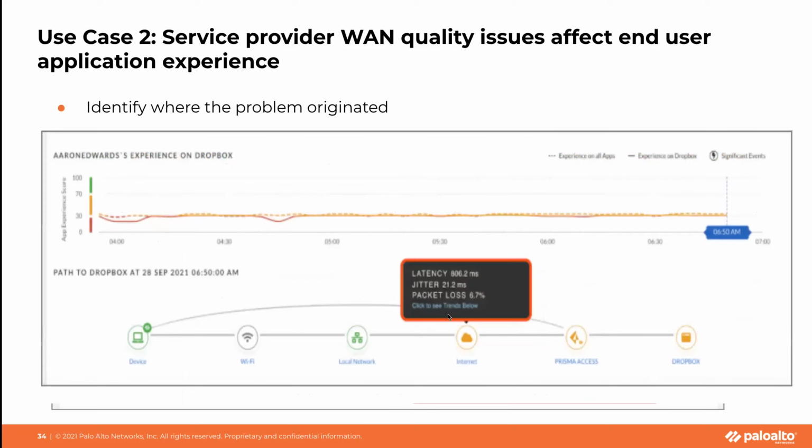Once we hold the mouse on this path, we can see the internet icon in the path chart. We notice that the internet underlay is experiencing a very high latency. We can see here 806 milliseconds, which is very high latency. And this is a core internet service provider issue in the US West region that is impacting all the users in this region.